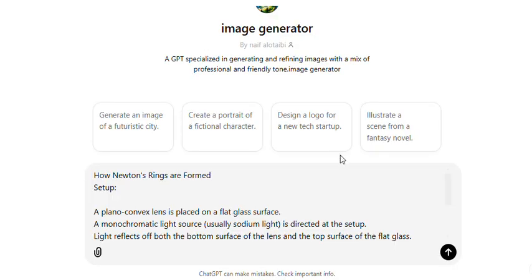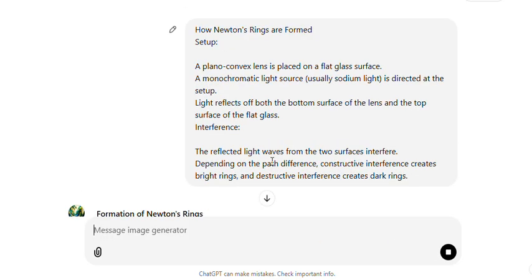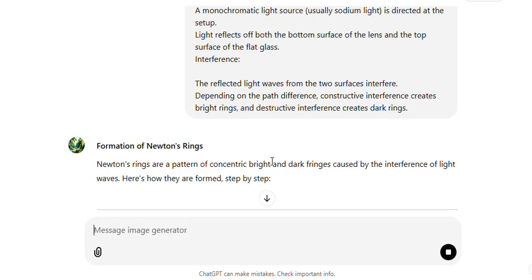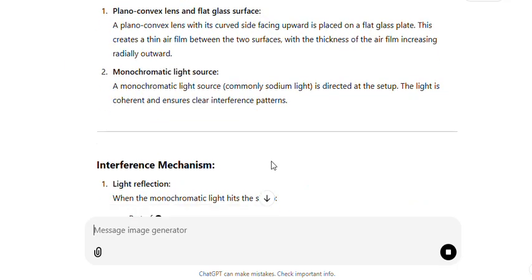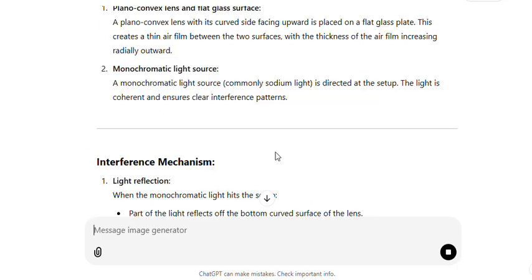I'll be right back. So we got this image generator. Let's see what type of image this generates. Well, I thought you were an image generator.